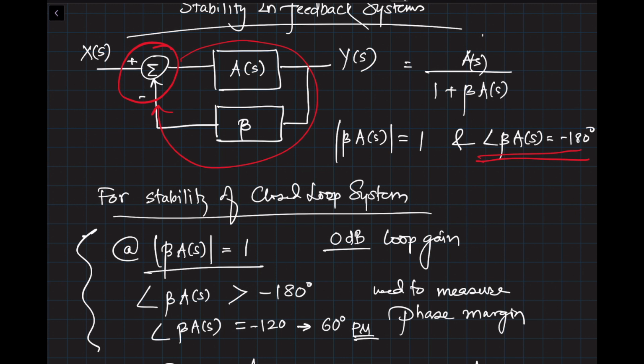The loop gain is beta times A of S. And what our stability criterion is telling us is that when beta times A of S hits unity gain frequency, at that time, the phase of beta times A of S should be greater than minus 180 degrees. That's our desire. Okay, and then we can tell that we are stable.